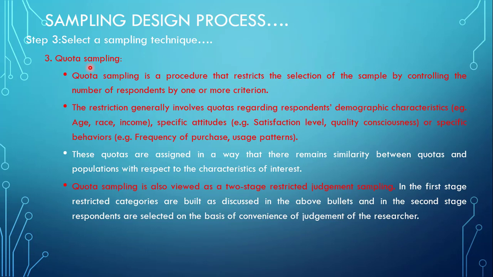The first is to determine the numbers, and the second is to use judgmental or convenience sampling. By itself, quota sampling could not be applied. So it is a two-stage restricted judgmental sampling. Either you are going to use convenience or judgmental sampling, but more often you are going to use convenience sampling along with quota sampling.